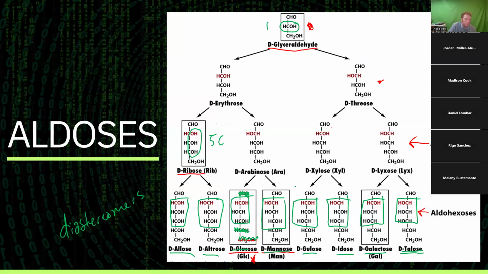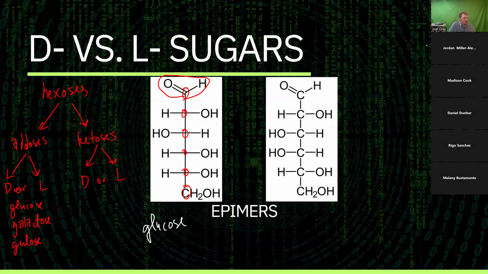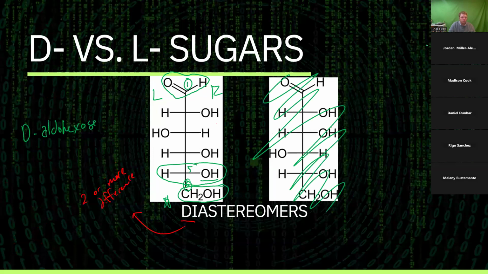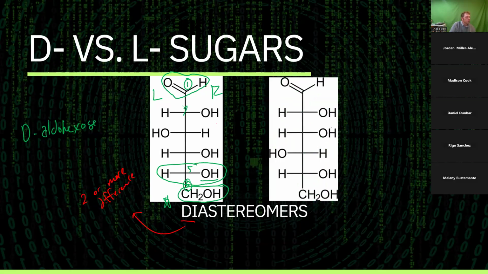Now, with that in mind, we've organized and placed those. I'm going to go back just a tad because the question was, what's a diastereomer versus an epimer? Well, we have to look at those carbons 2, 3, and 4. For this molecule, we've got right, left, right.